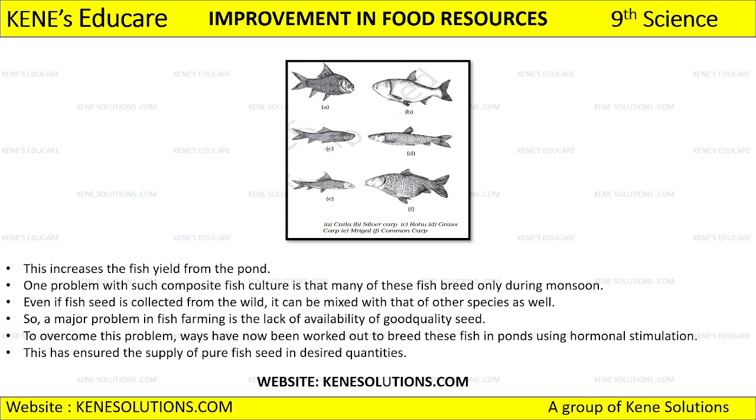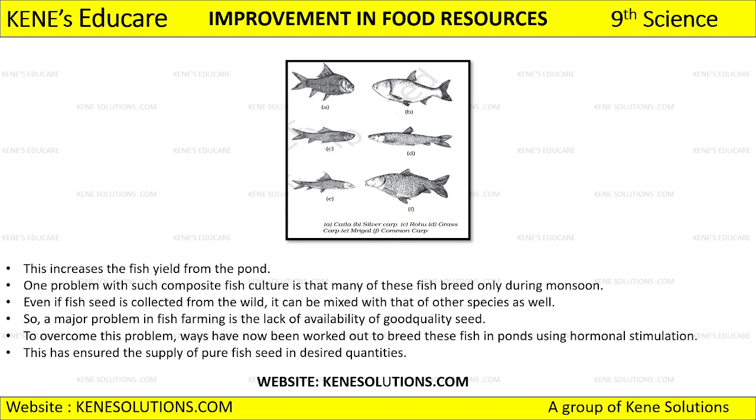This is one of the major problems that has been observed. Even if fish seed is collected from the wild, it can be mixed with that of other species as well. And a major problem is the lack of availability of good quality seeds. We have already discussed this; the same thing is given here as well.